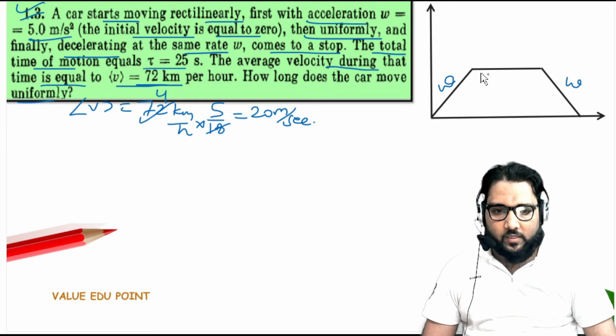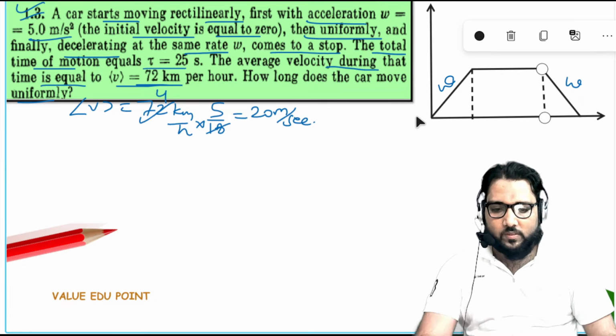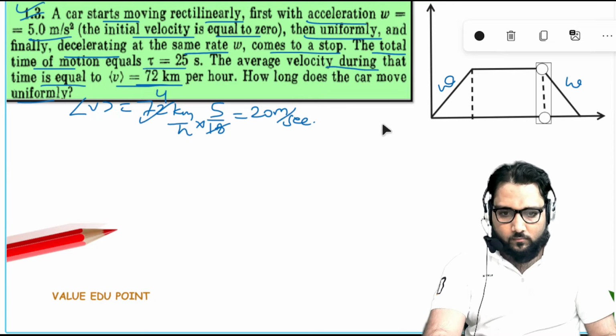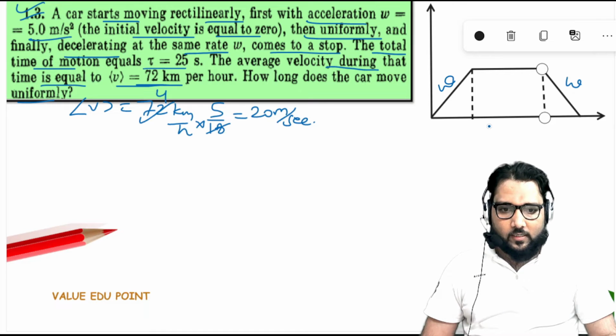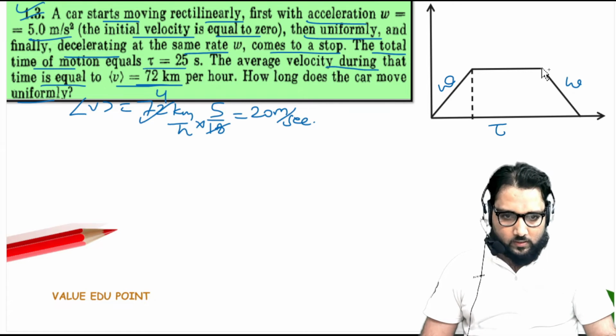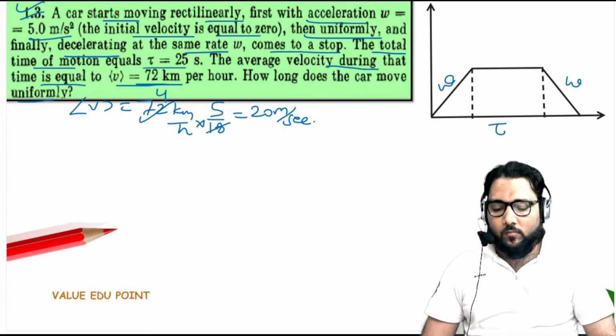Now what is happening here? See, look at this, guys. This is the vt curve. If you are perfect in making the vt curve graph in kinematics, then that is very helpful to solve the problems. Otherwise it is very difficult. Now, guys, what is the question saying?